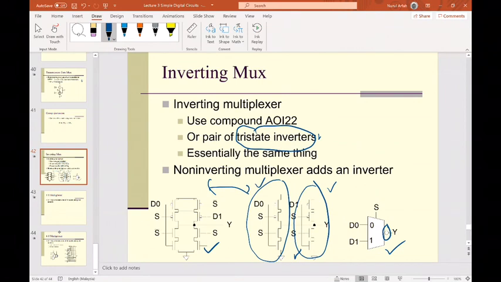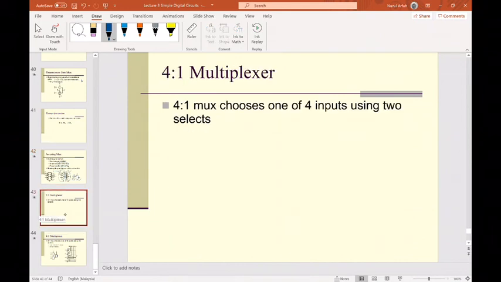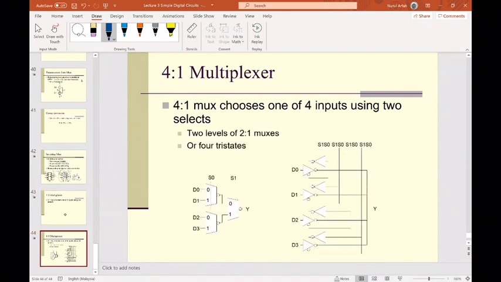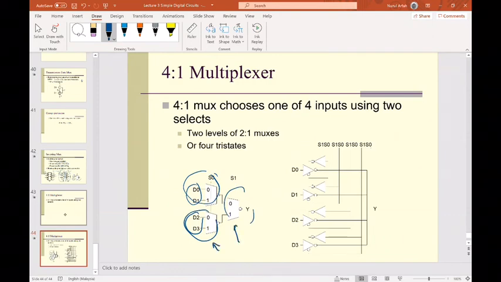This is just for 2 inputs, right? Both are also using 2 inputs, D0 and D1 here, D0 and D1 here. But let's say you have 4 inputs, what should you do? You can also have a combination of 2-input multiplexers, where we have one stage here and a second stage here.